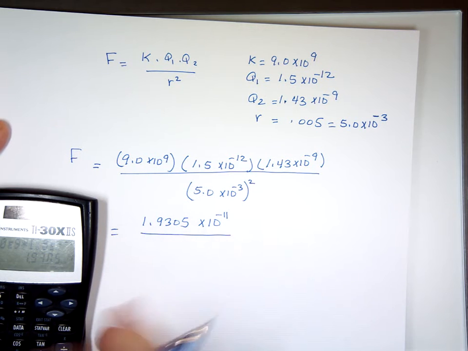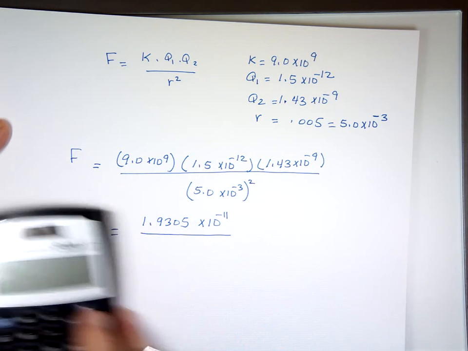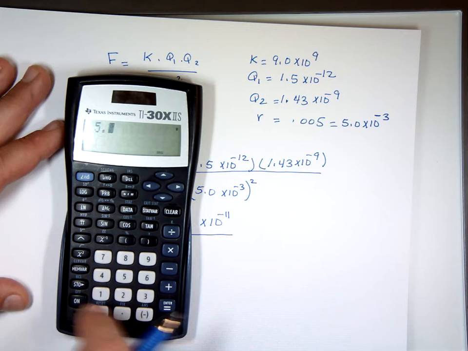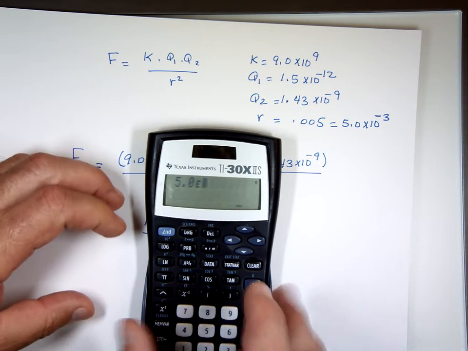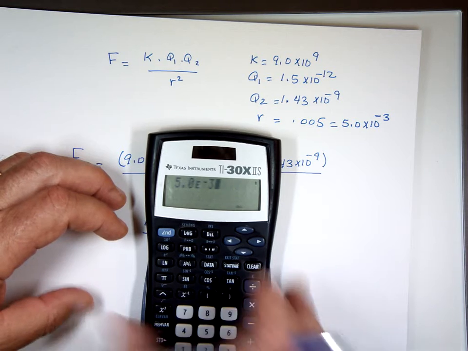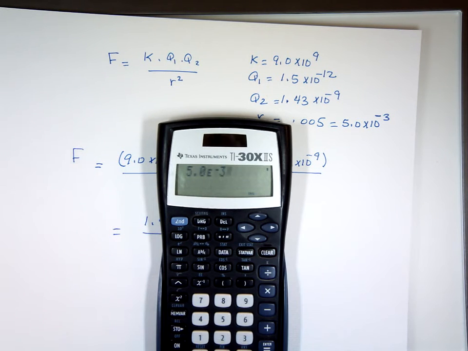Let's do the bottom. 5.0 EE to the negative 3. And you need to square that, so hit the square button. Notice the calculator is not set up to be in scientific notation.